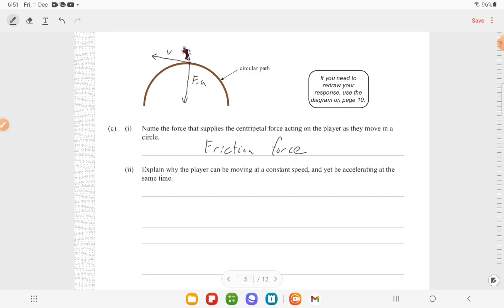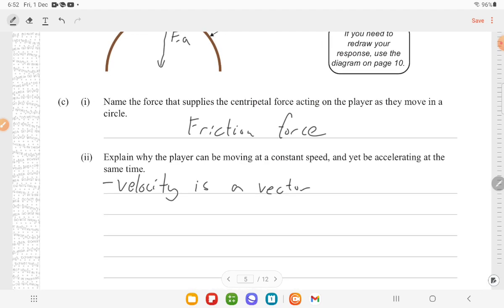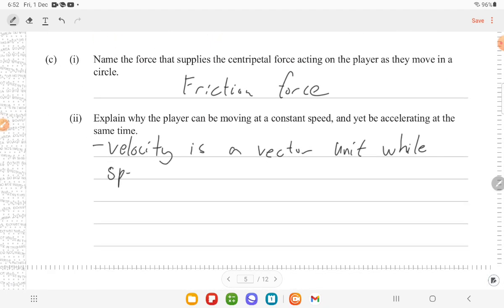So, velocity is a vector unit, while speed is a scalar.